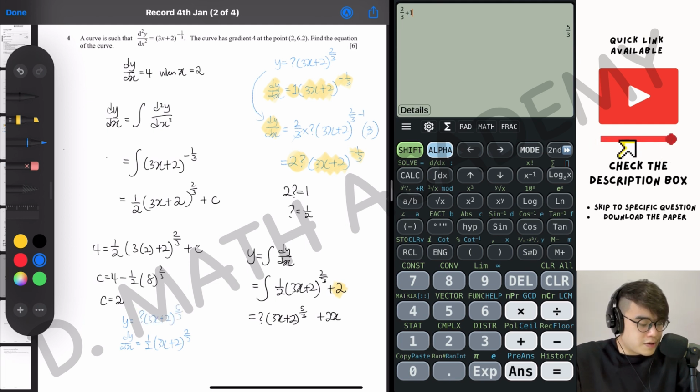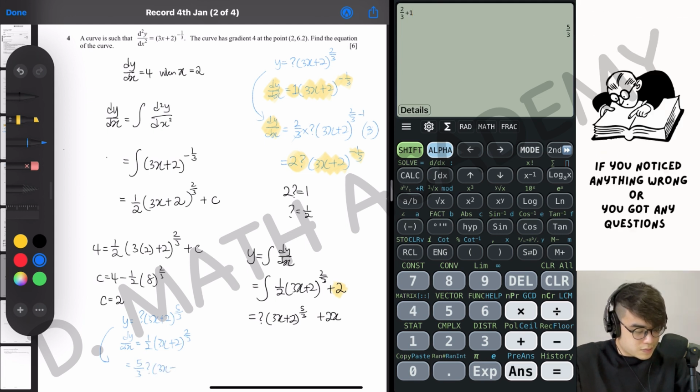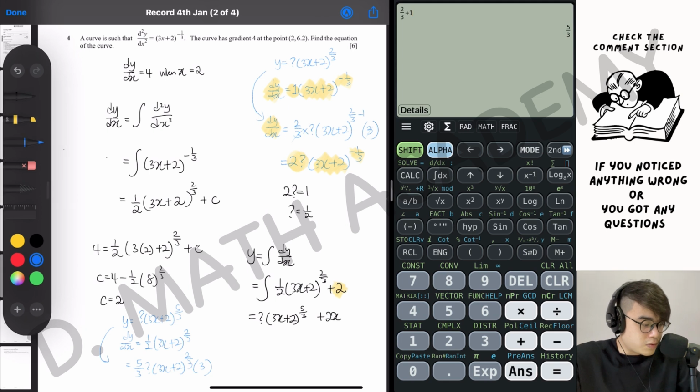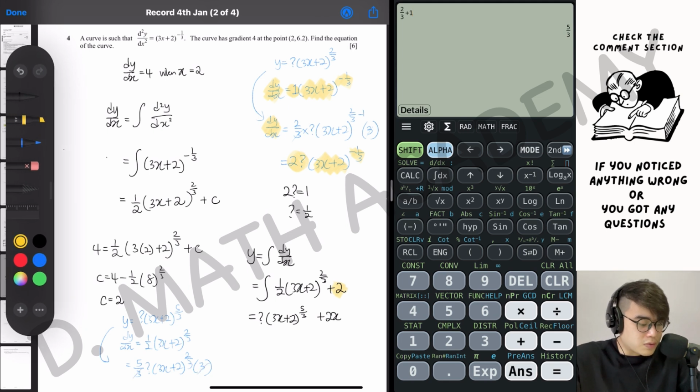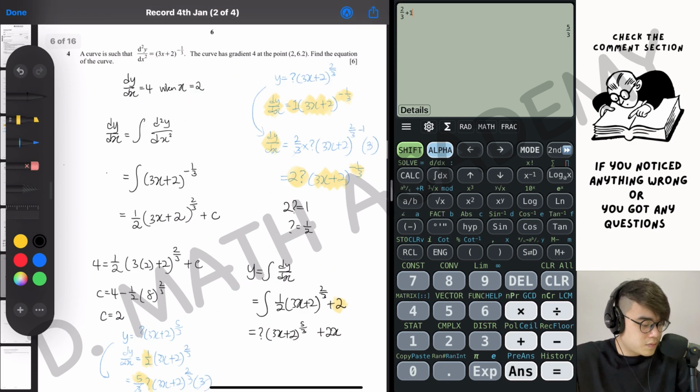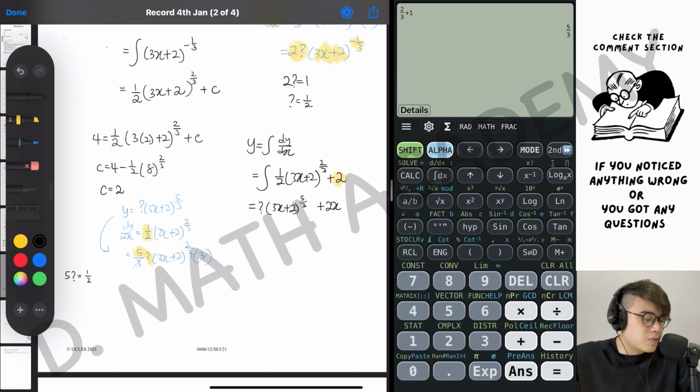Okay, repeat the same, find the dy/dx of it. Okay, time to run the comparison. So you will notice that our 5 unknown here will be equal to 1 over 2. Unknown at the end of the day will be 1 over 10. So with this 1 over 10, I replace it out.